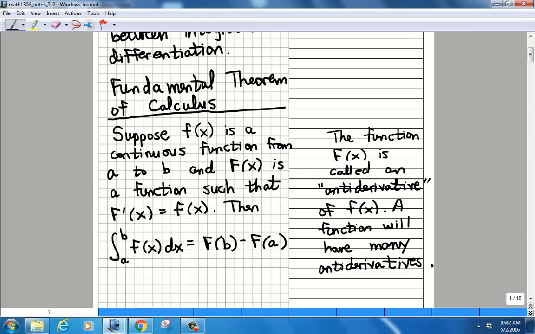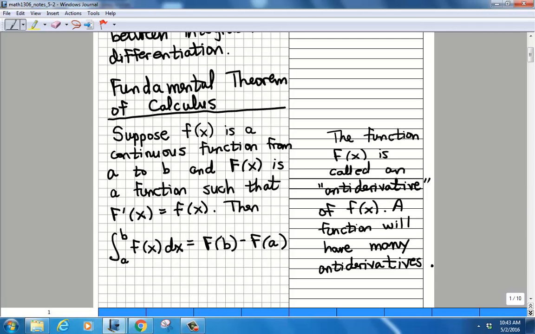So we're trying to find the area under the graph of that function, from a to b along the x-axis, down to the x-axis.